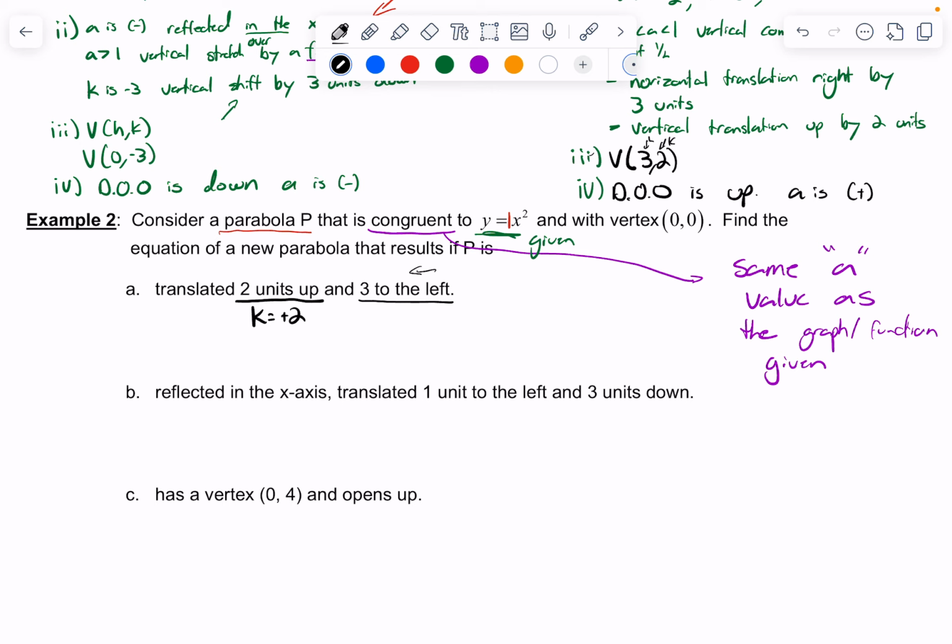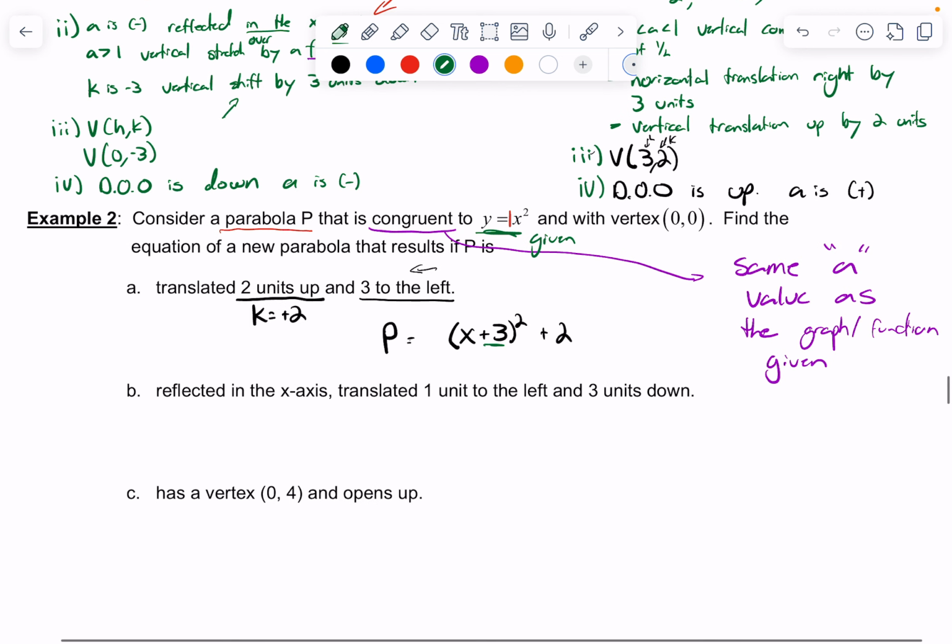Well, you have this parabola P. If you're going left, you would have to have a positive 3 inside the brackets because you do the opposite, okay? And then 2 units up means you're plus 2.